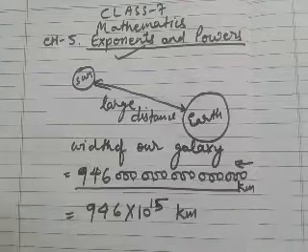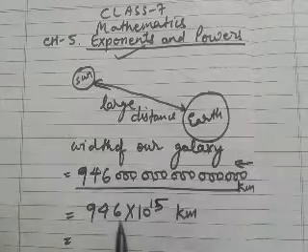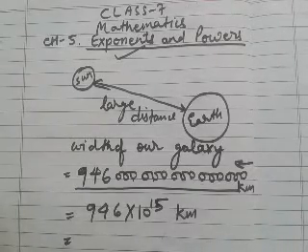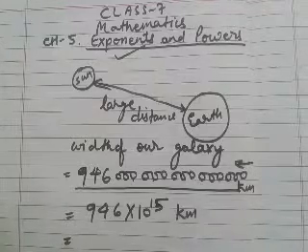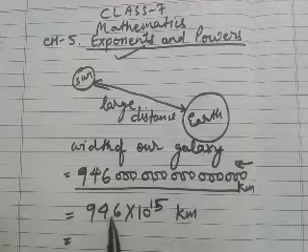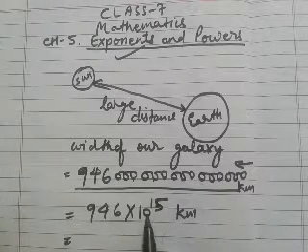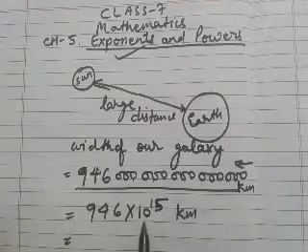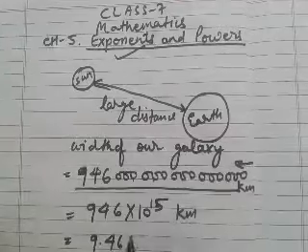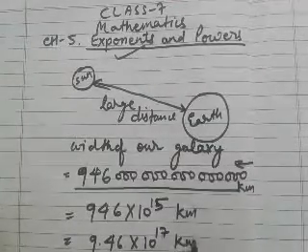And more precisely, if we count these two numbers also, we can write this number as 9.46 into 10 raised to power 17 kilometer.